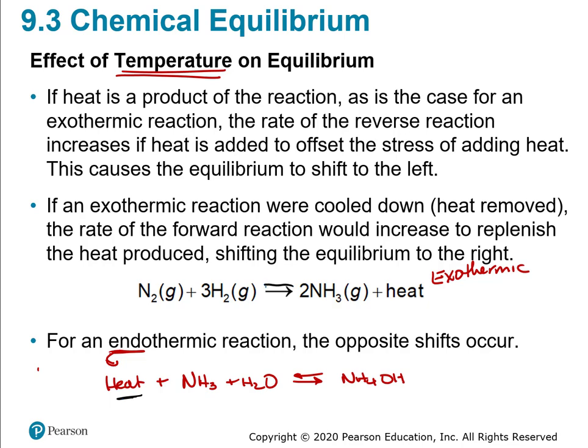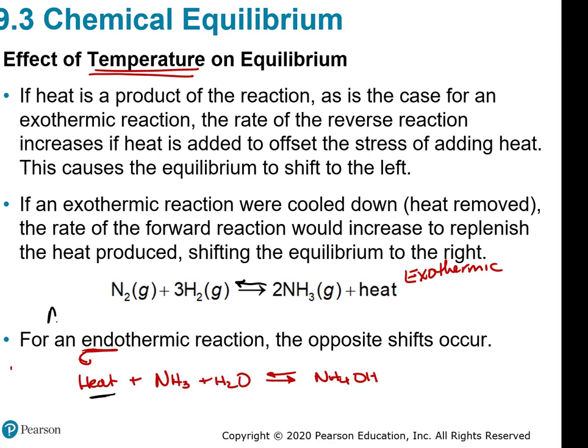So if I have this at equilibrium, if you add heat, the reaction for the first one would shift to the left, or towards the reactant side. But with the bottom one, if I added heat, the reaction would shift away from heat and it would shift towards the product side.